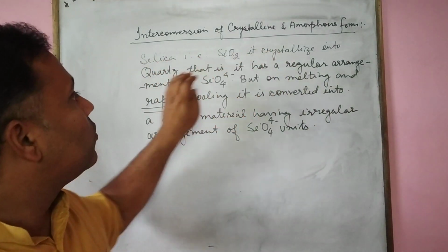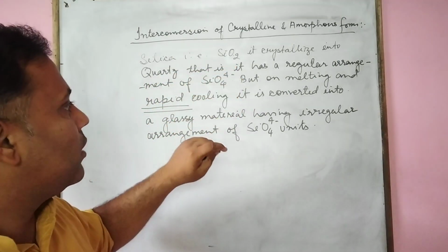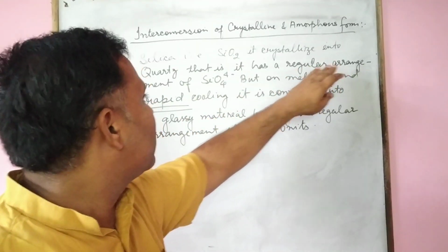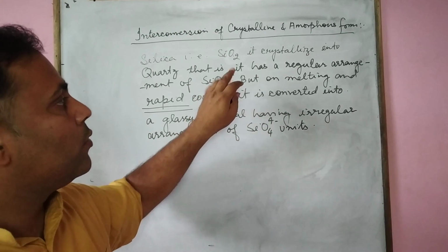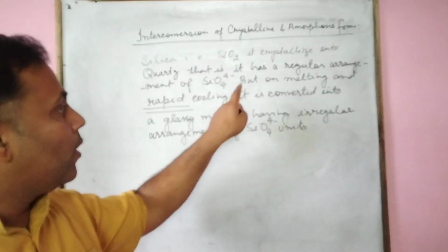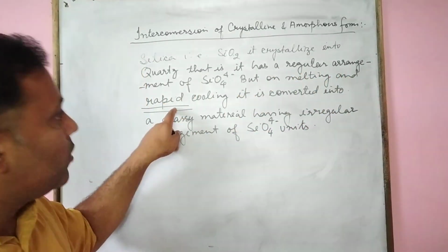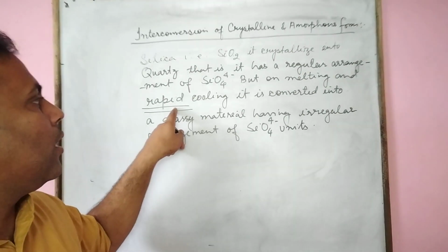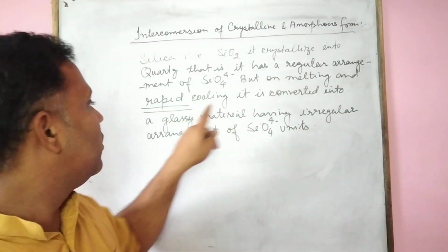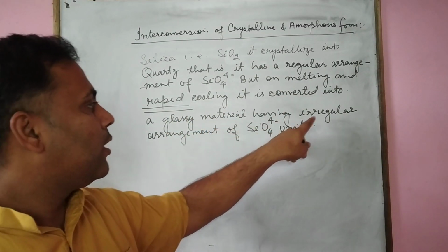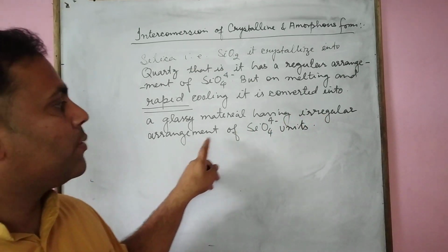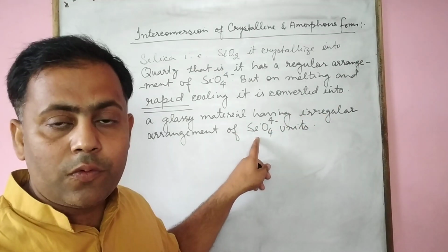Silica crystallizes into quartz, which is crystalline in nature and has a regular arrangement of SiO4 4- units. But on melting and rapid cooling, it is converted into a glassy material that has an irregular arrangement of SiO4 4- units.